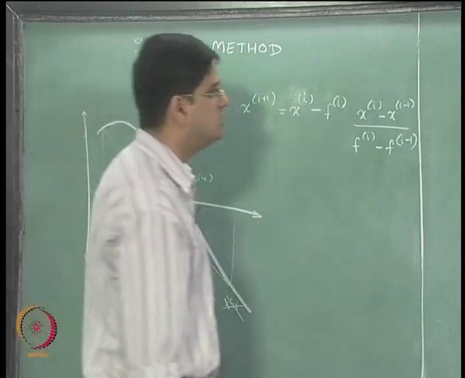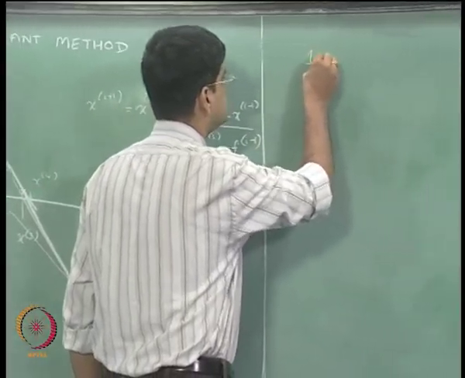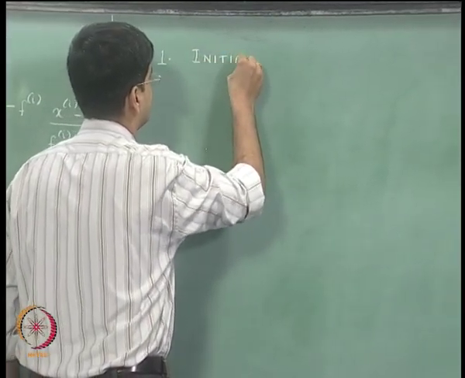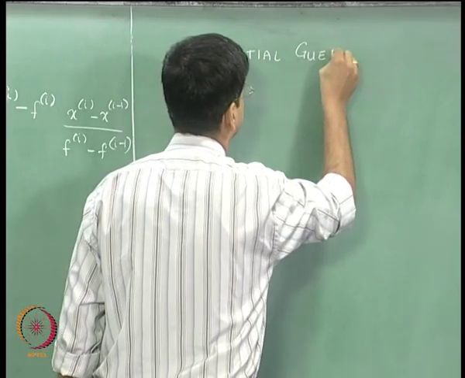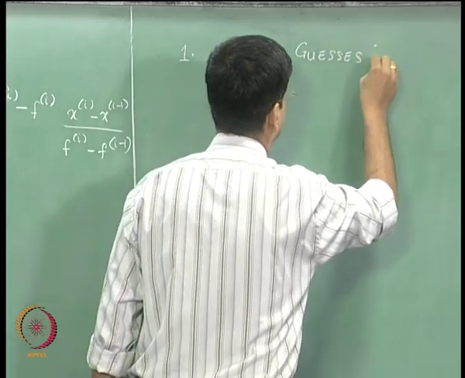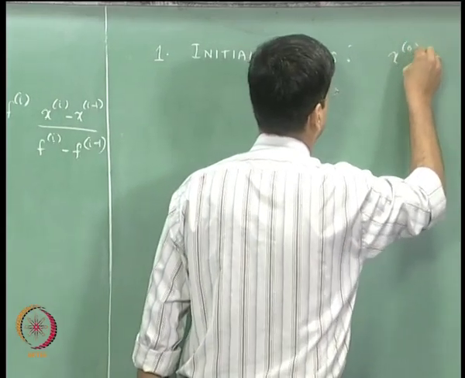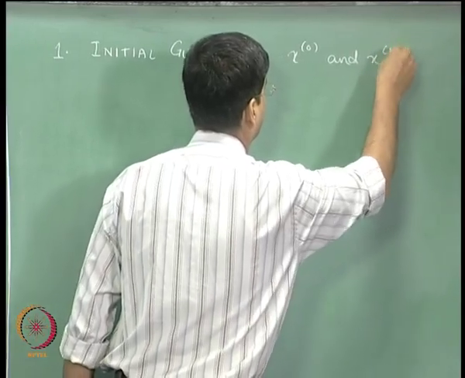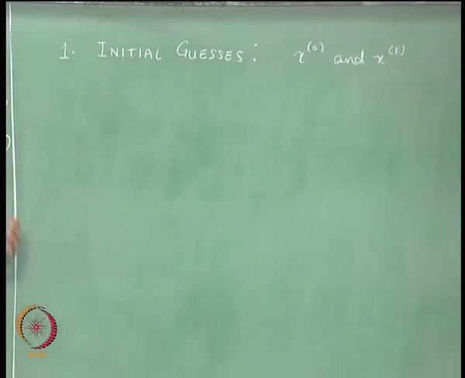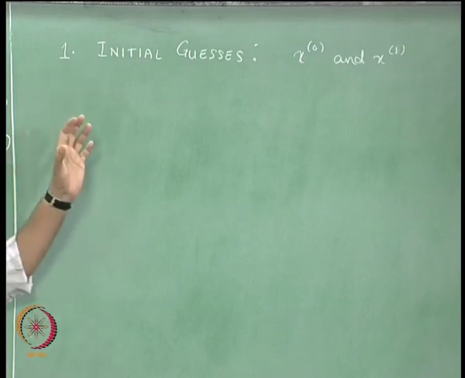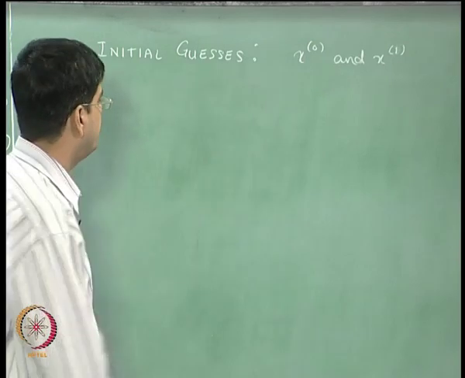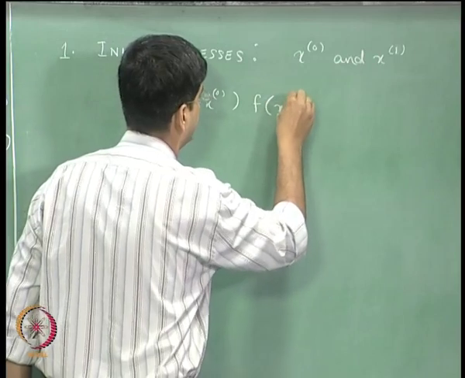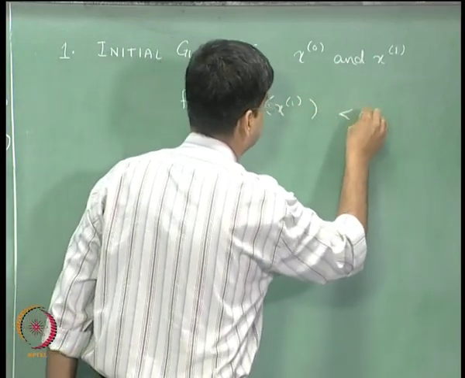So, looking at the algorithm for the secant method, the first step is that initial guesses are to be chosen. Okay. In our Regula-Falsi method, what we had to ensure was f of x0 multiplied by f of x1 was less than 0.